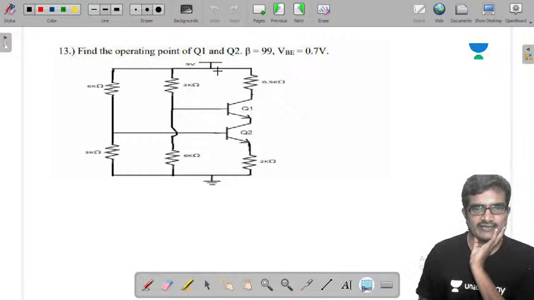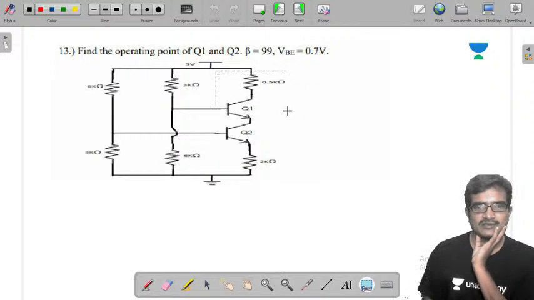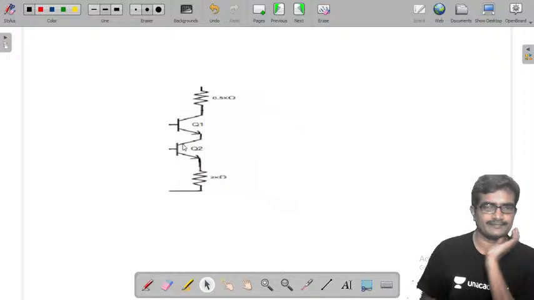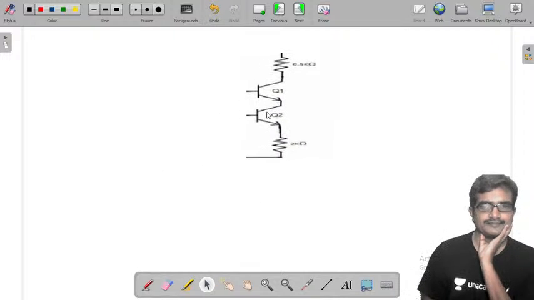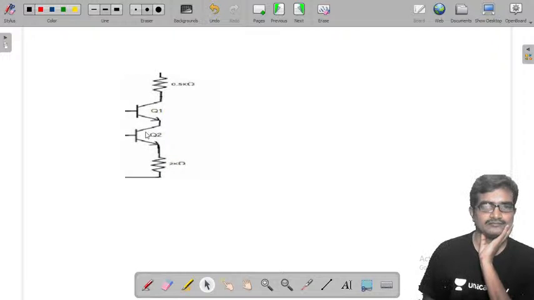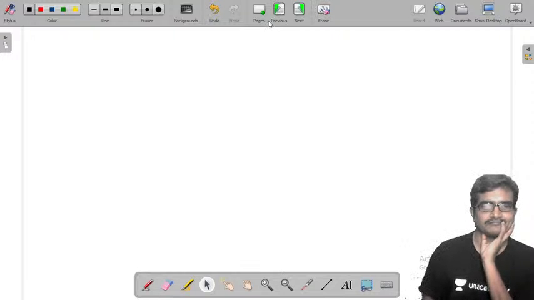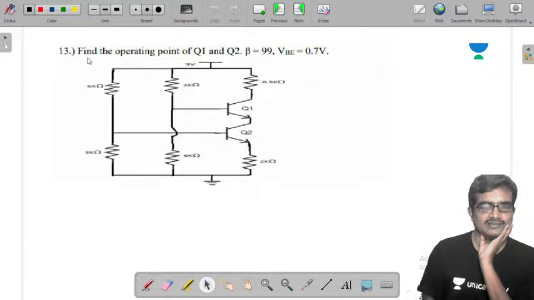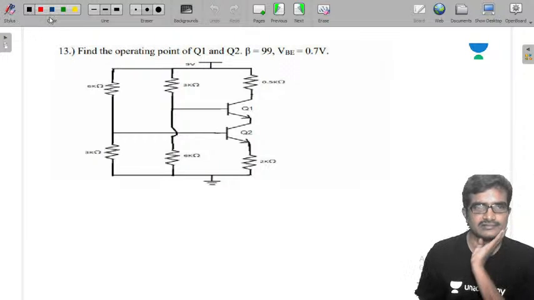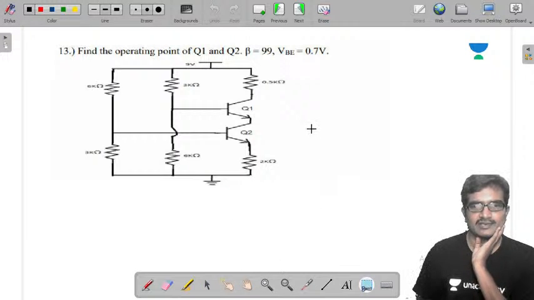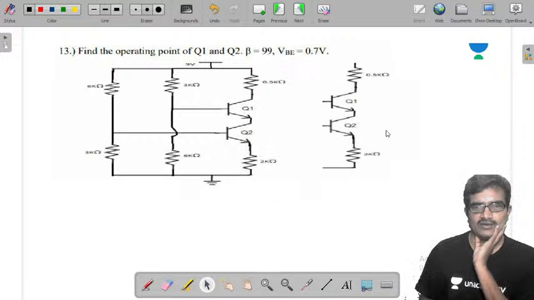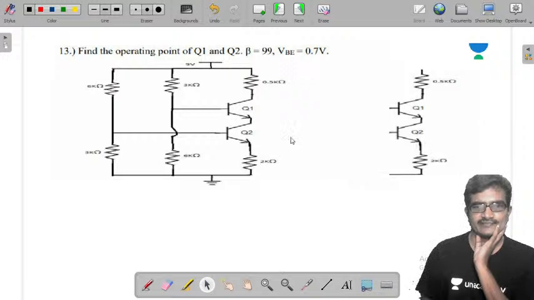I am copying only the required portion. Now I am taking the circuit like this.